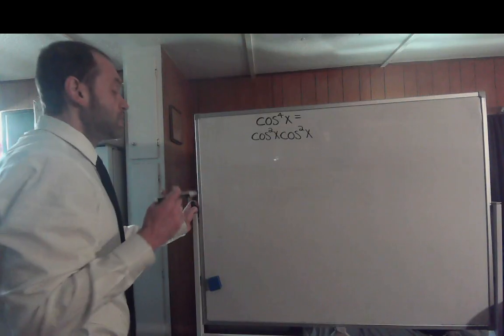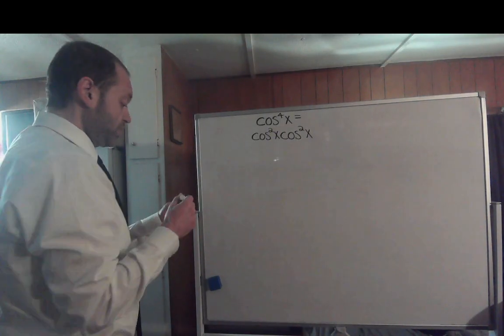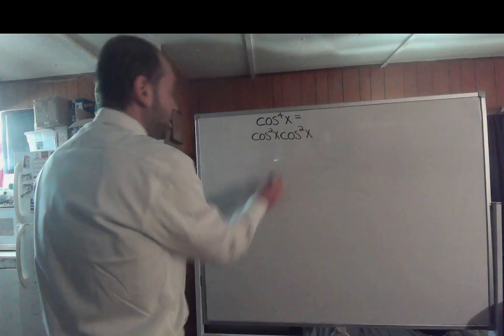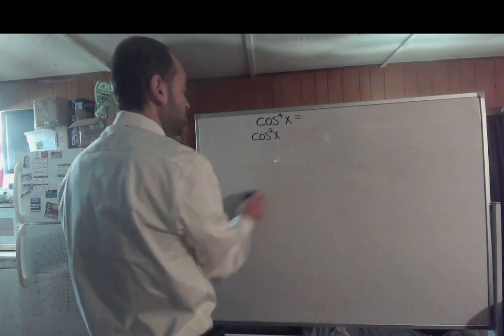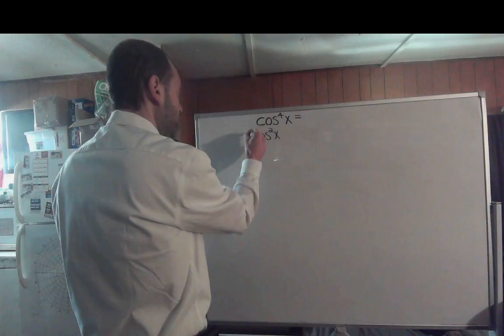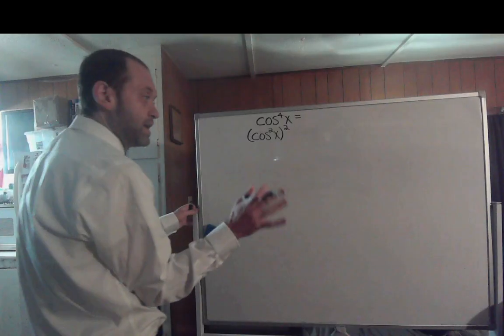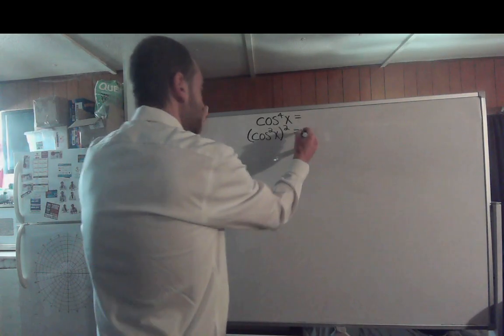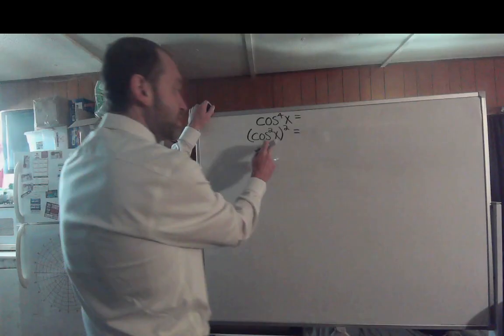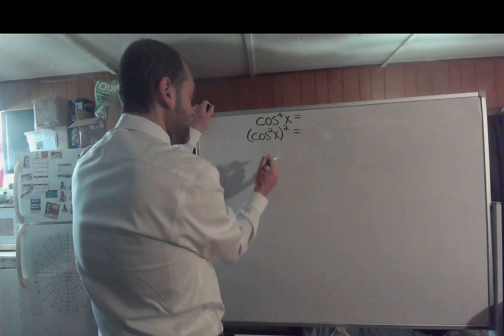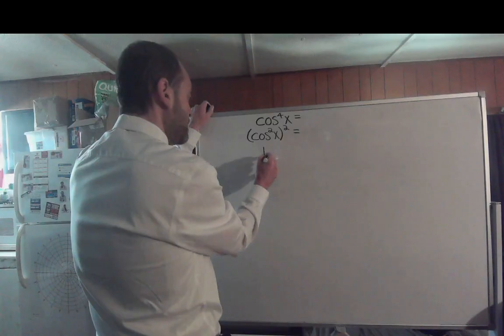Or, probably an easier way to write this would be to say the cosine squared of x to the 2nd power. Now, we're going to take the power reducing formula for the cosine squared of x, but we have to square the entire quantity.